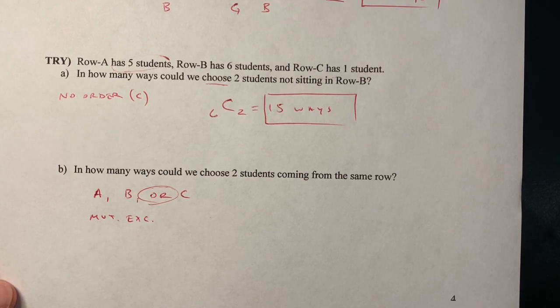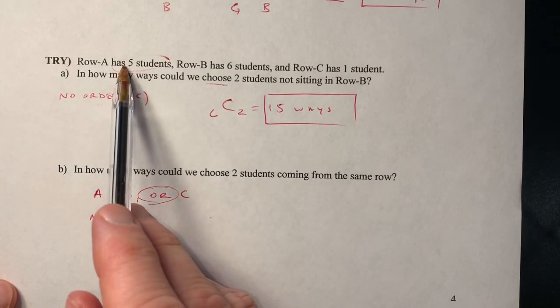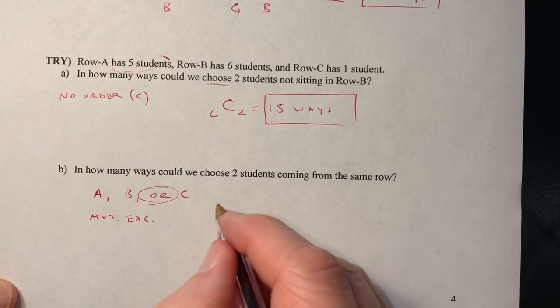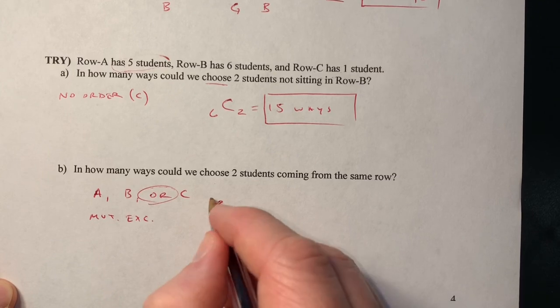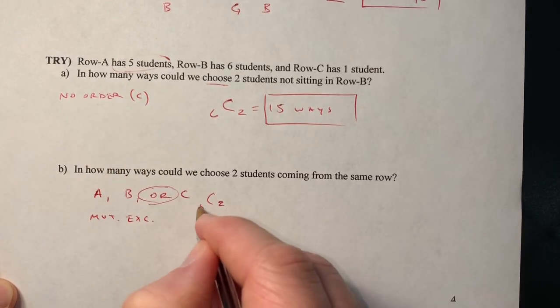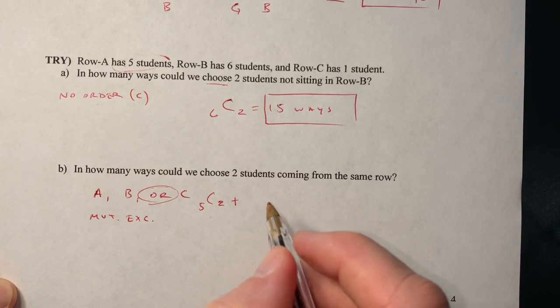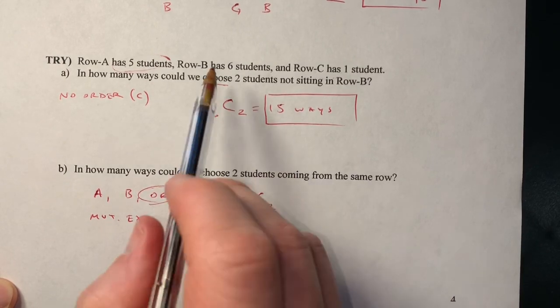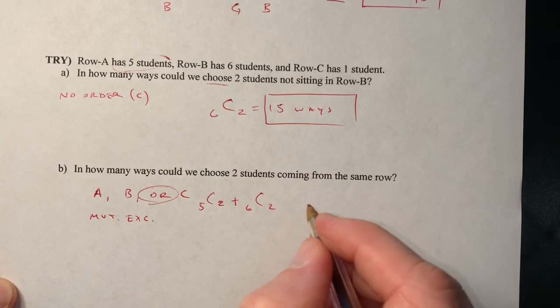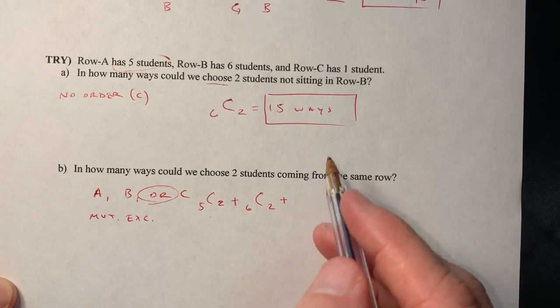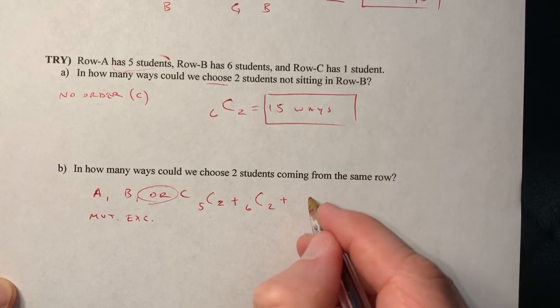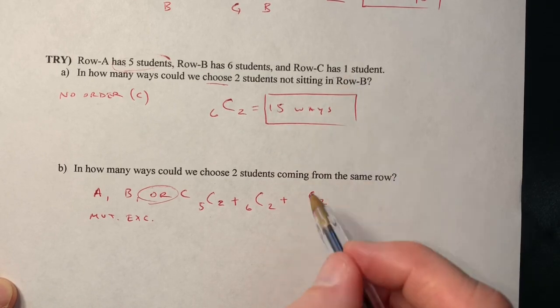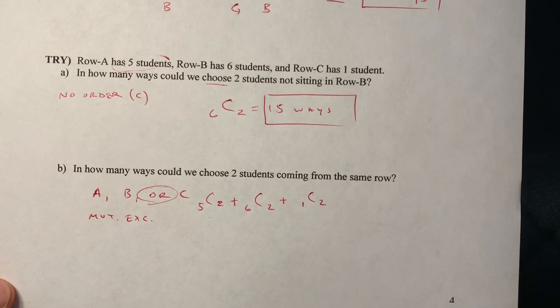So we need to find the number of ways we can choose these students from row A. Okay, so it's 2 students from row A, which has 5. And we're going to add how many ways we could choose these 2 students coming from row B, which has 6, plus the number of ways to choose 2 students from row C, which only has 1 student.